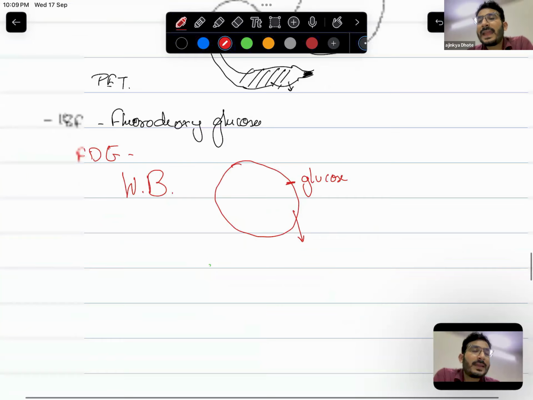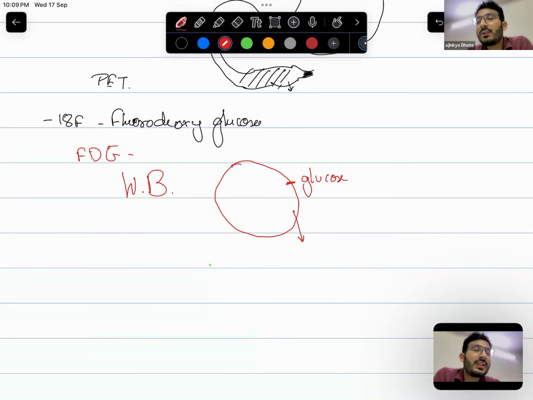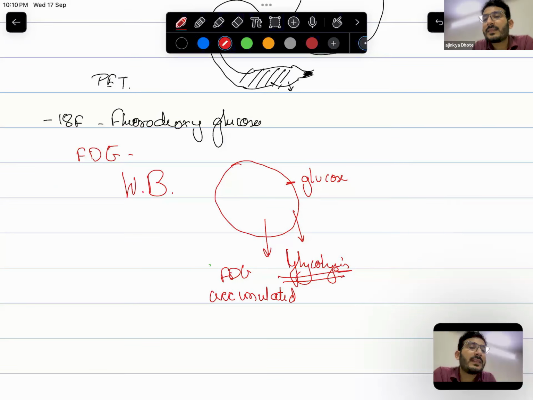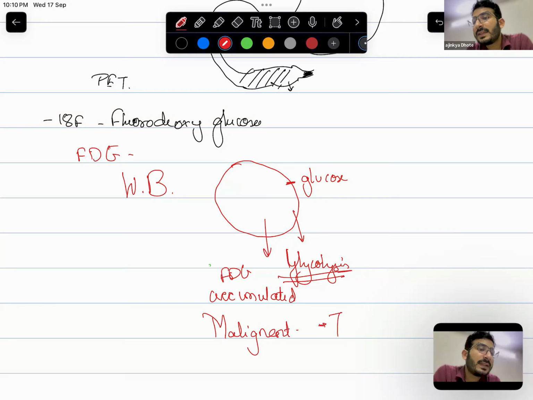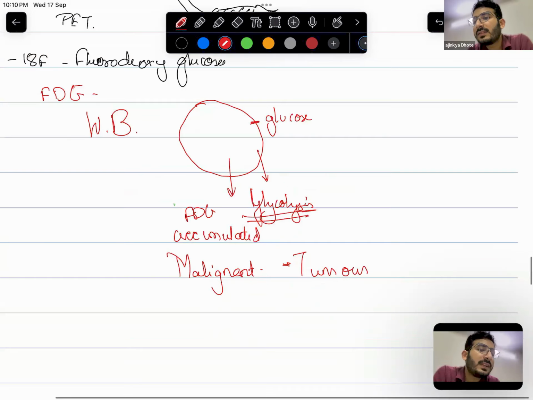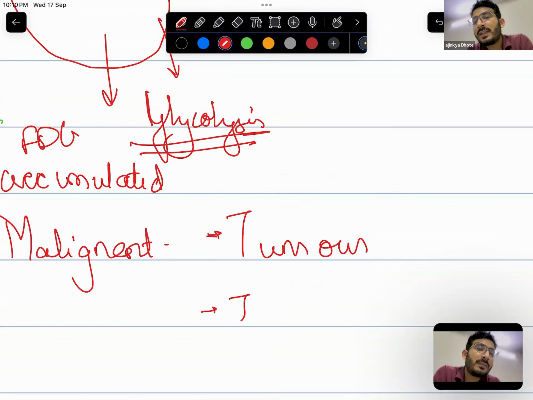Okay, now cancer cells usually have a high rate of glycolysis. Okay, and that is the reason why FDG is seen accumulated in your malignant cells. Okay, so anywhere there's high FDG uptake, there's a possibility that there's a tumor or a malignant lesion, or it can even be seen in high metabolic regions like your inflammatory lesions.